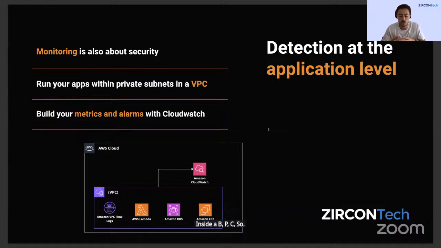So the access to the internet and to the services is enabled only when needed, and the communication between our software, whether it's running in EC2 or Lambda, is secured by this network layer. So VPCs will generate logs for the access to the network, and those logs, as well as the application logs, can be stored in CloudWatch. And we can use CloudWatch to search through those logs and build custom dashboards and metrics that we can use to debug our application, but also to troubleshoot these security problems.